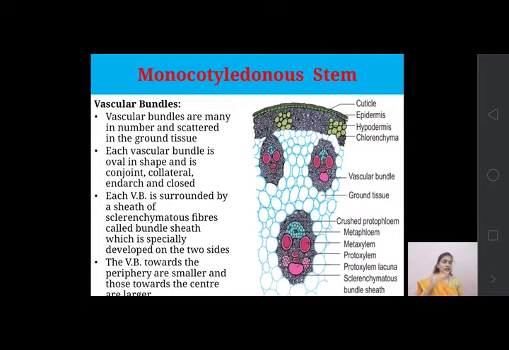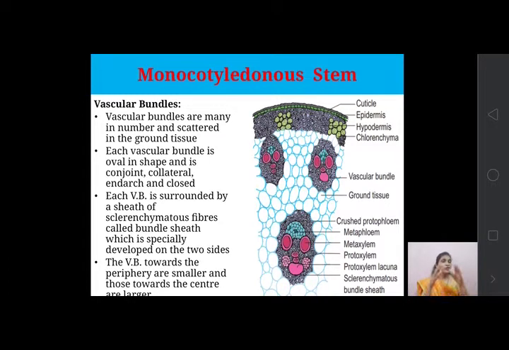So in the monocotyledonous stem, you can see that xylem and phloem are present on the same radius. That means these vascular bundles are conjoint and collateral. In the case of the root, they are present on different radii, hence the vascular bundle is known as a radial vascular bundle.